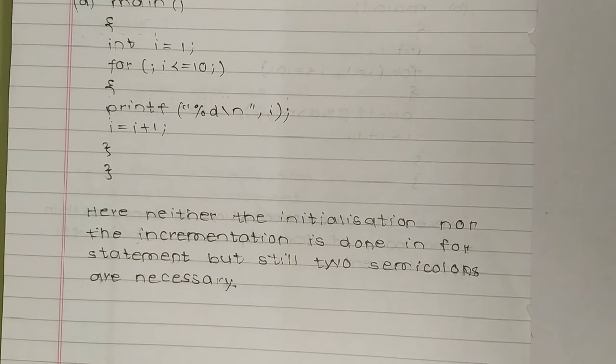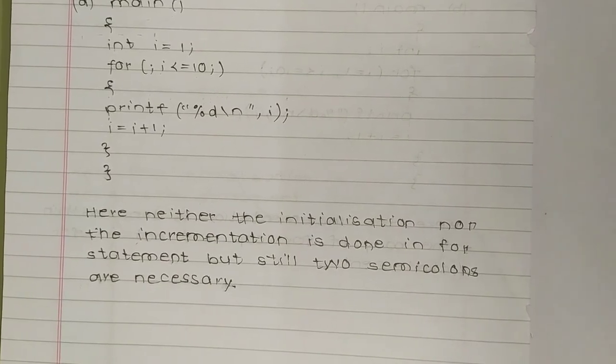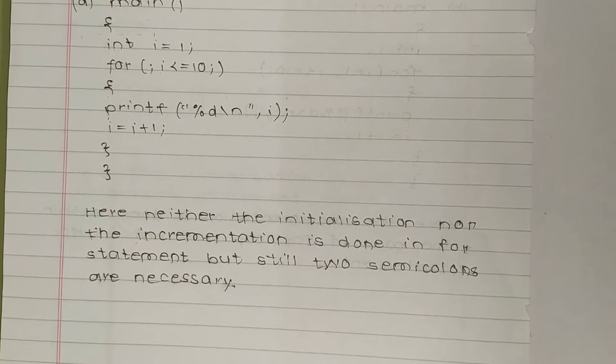Now D: main, int i = 1, for i <= 10, printf("%d\n", i), i = i + 1. Here neither the initialization nor the incrementation is done in the for statement, but still two semicolons are necessary. The initialization is done in int i = 1, and the incrementation is done in i = i + 1.